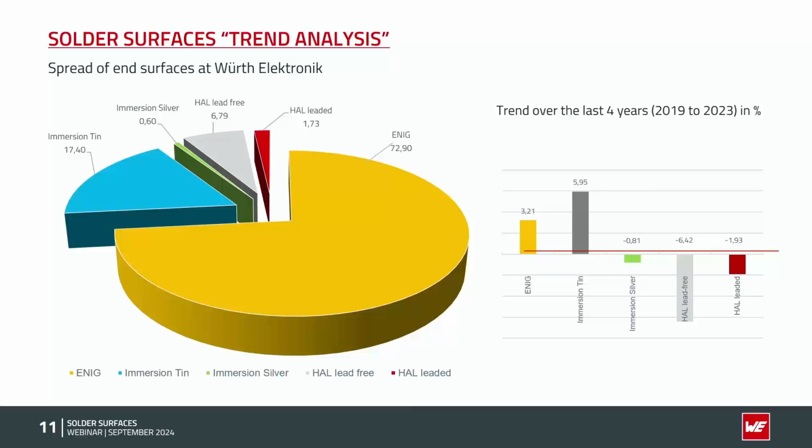We can see that the trend shows a clear rise of Immersion tin, and the same picture here for hot air leveling, which decreased by more than 6% over the last 4 years.